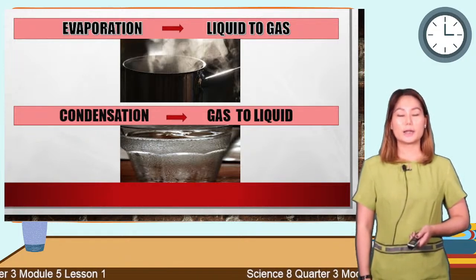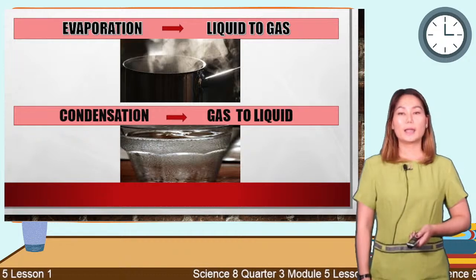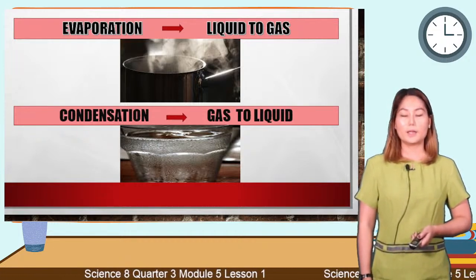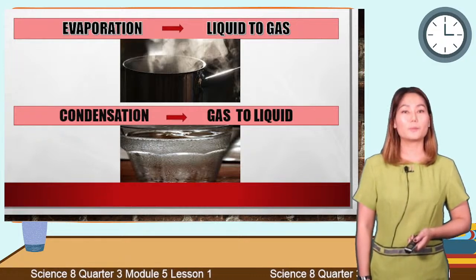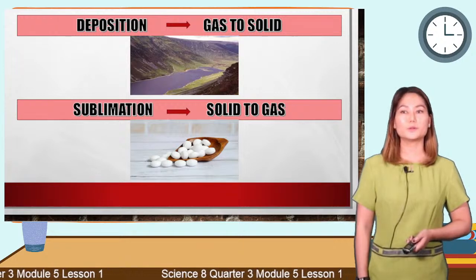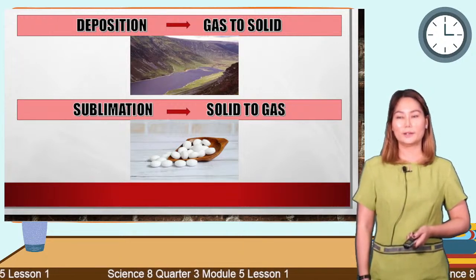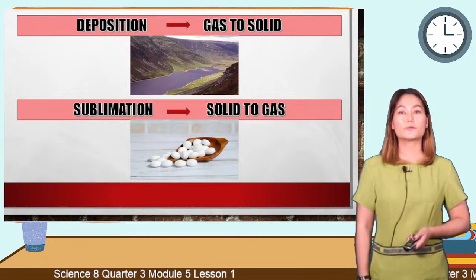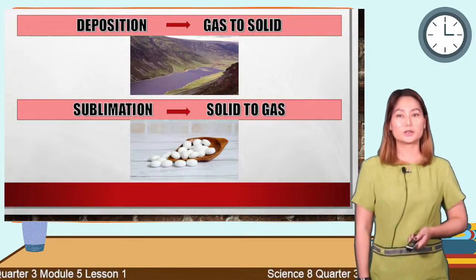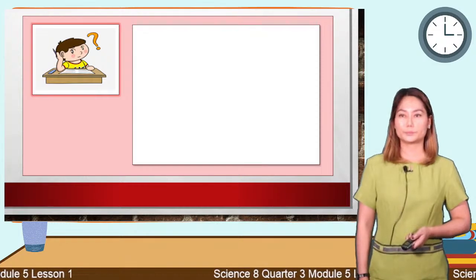Evaporation is a change from liquid to gas, and it happens only from the surface of a liquid. Condensation is a change from gas to liquid. We also have deposition and sublimation. Deposition is a change from gas to solid, and sublimation is a change from solid to gas.